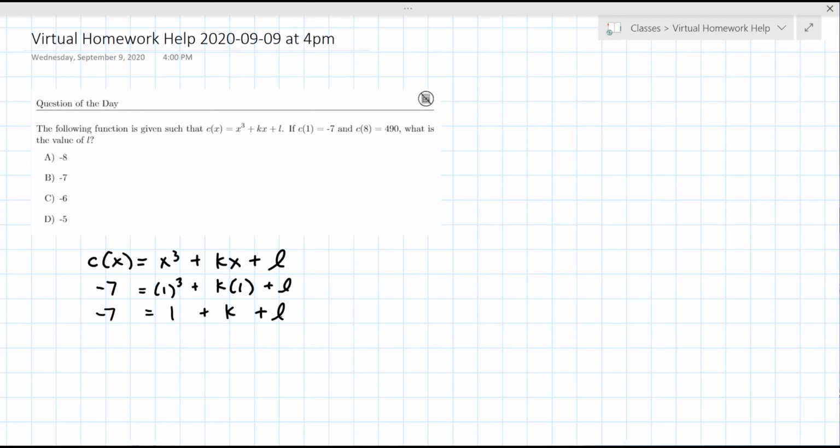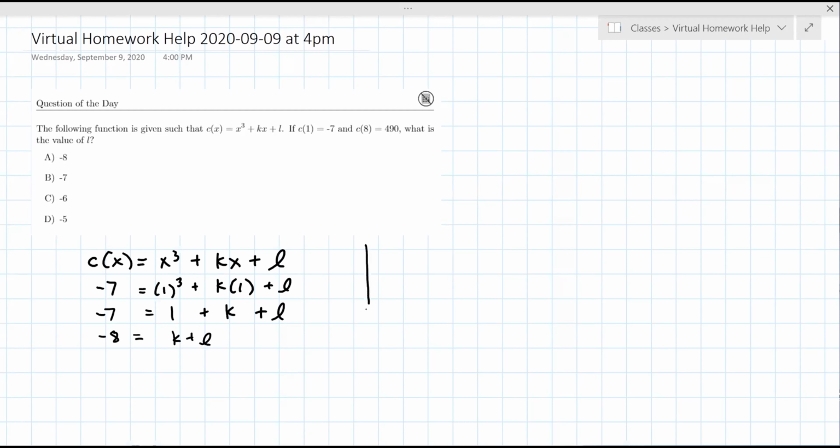And we're going to solve for k or L, but we're not sure yet. We also realize at this step that there's two variables, so we need to do more to be able to solve this problem. So I'm going to subtract 1 from both sides and get -8 equals k plus L.